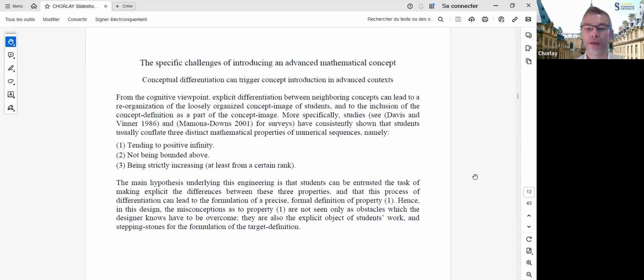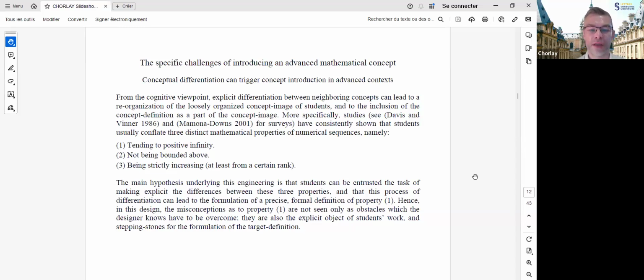More specifically, many studies have consistently shown that students usually conflate three distinct mathematical properties for numerical sequences, namely, tending to positive infinity, not being bounded above, and being increasing or strictly increasing, at least towards the end.